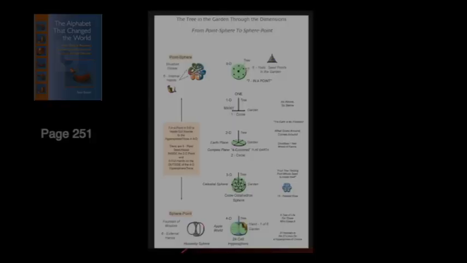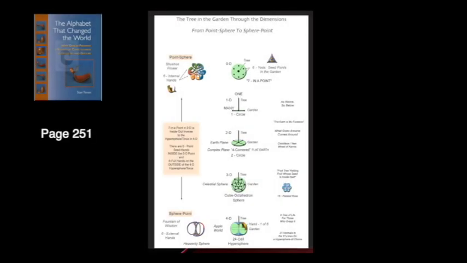It's interesting that when Stan did a presentation, he really didn't allude to this. He didn't start saying, I'm looking at things multidimensionally. He never said that. But if you look in the book, it's pretty obvious. I want to show you an example. So this is on page 251 of The Alphabet That Changed the World.